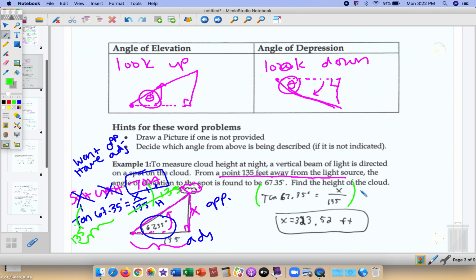So over here, it's the same thing. It's just written twice. Just make sure your mode is in degrees, since they gave us our angle in degrees. And our distance we say is feet because they talk about feet. So 323.52 feet. Okay, let's look at the next part. Now the next one's a little bit tricky. Try to scoot down.